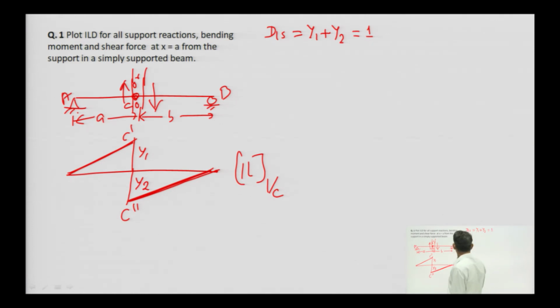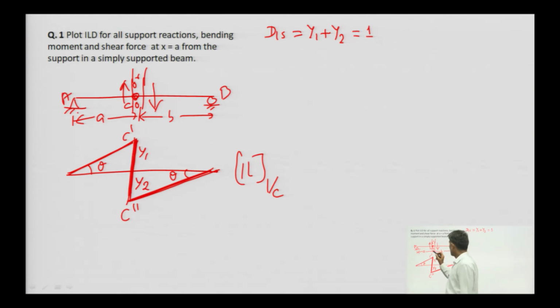How to calculate the value of y 1 and y 2? Y 1 and y 2 can be calculated using geometry. Okay. I told you that by providing a unit displacement, we cannot change the geometry, we cannot change the compatibility.